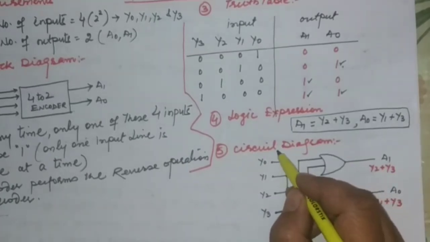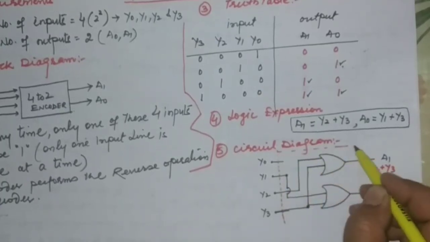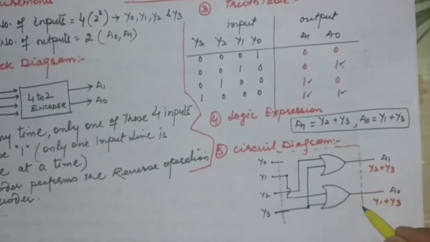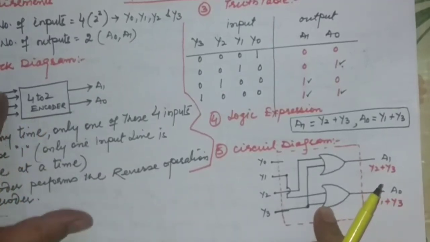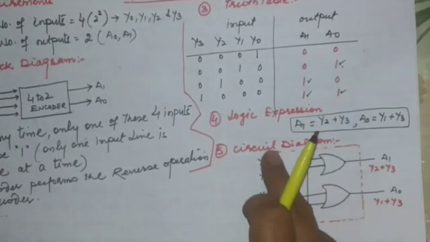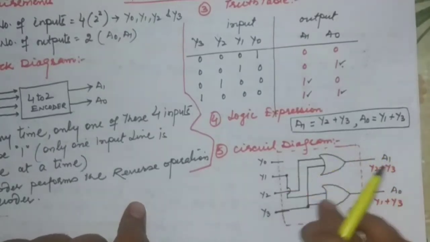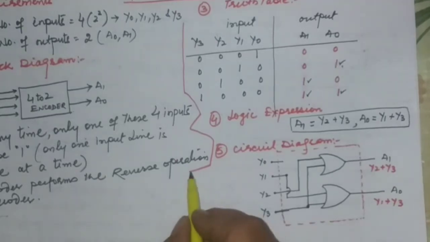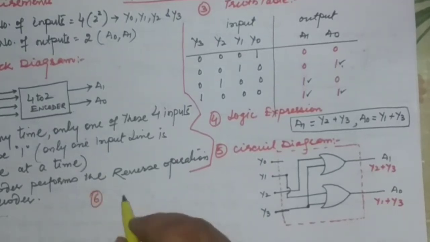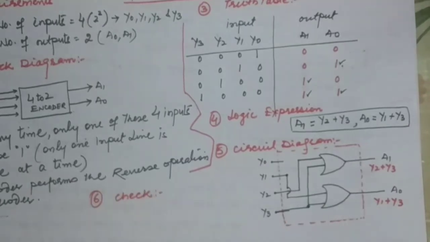Overall, if we consider it as a block, then this block is the same as before, with 4 inputs and 2 outputs. Internally, this is the circuit diagram. If we want to check it, we can check the circuit diagram also.